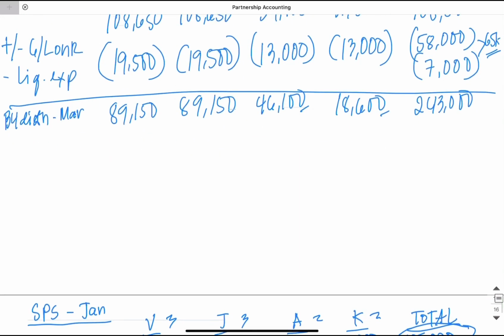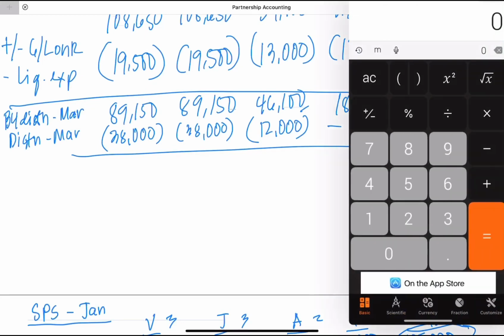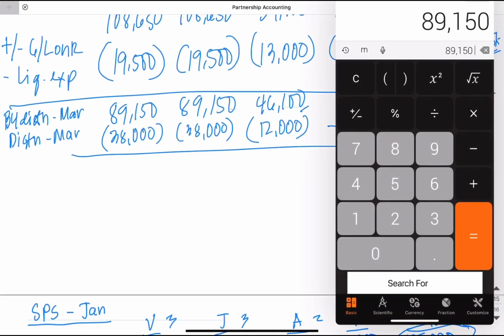So let's update. Distribution, March: 38, 38, and then 12, and 0 for Kath. Total of 88,000. Let's check. 89,150 minus 38,000 is 51,150.